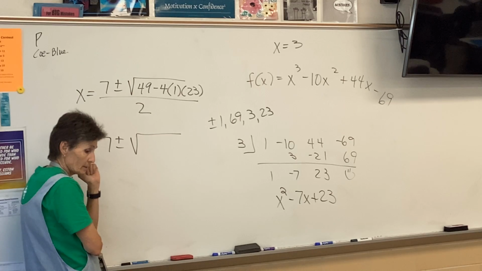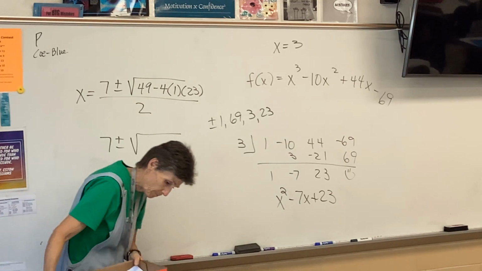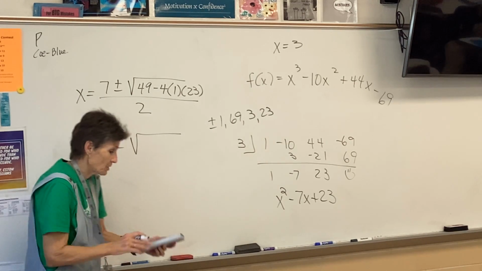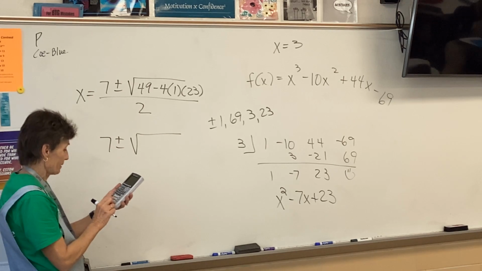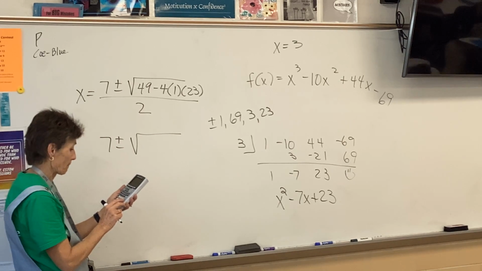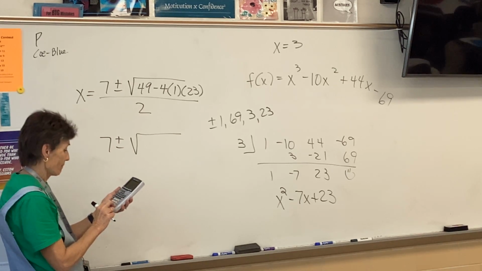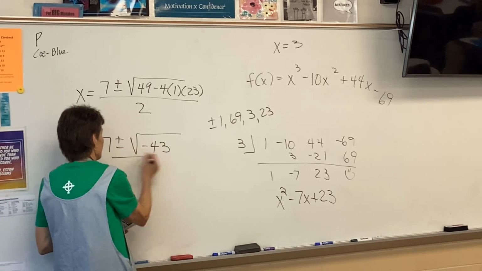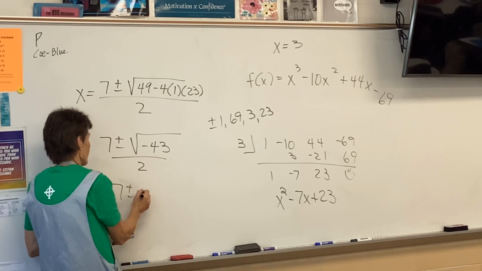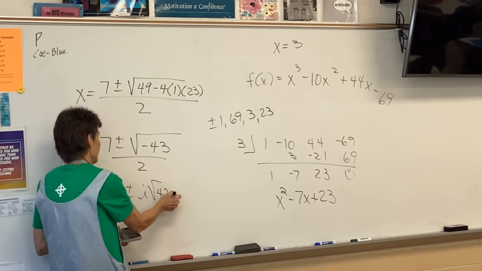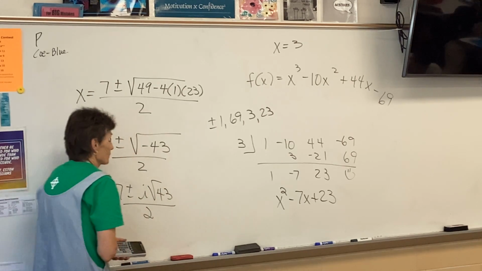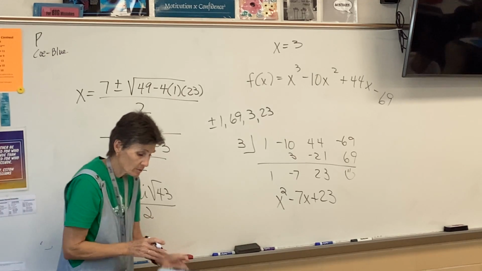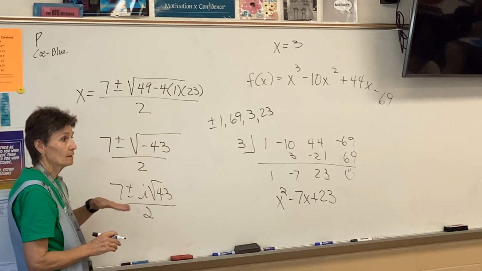We can use our calculator if we need to. I shouldn't need to, but what the heck. I got negative 33. So we'll pull that i out. And what goes in the answer blank?